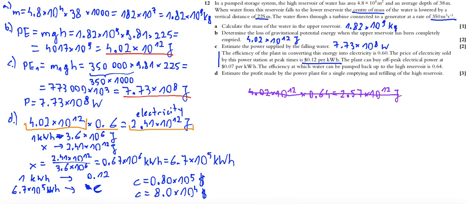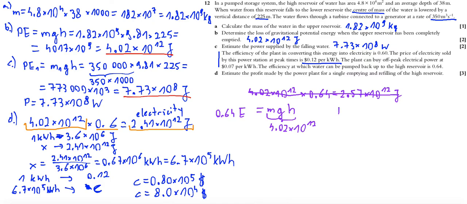So how much energy is needed? We have mass times gravitational acceleration times height, which is, we've calculated this, 4.02 times 10 to the power of 12. Yes, so this is amount of energy, but now we know that amount of energy to pump it back is much bigger, because to obtain this we have to use energy with efficiency of 0.64.